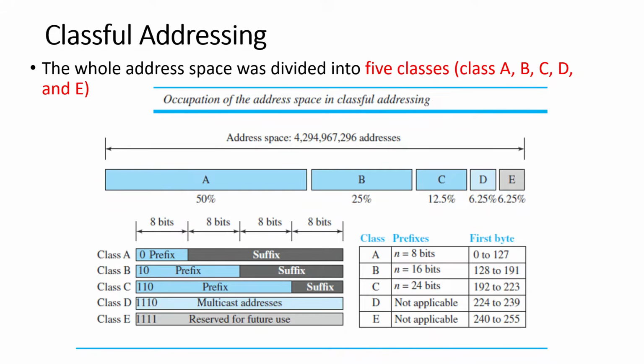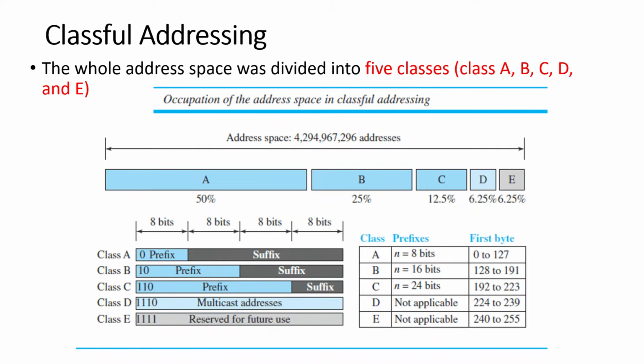Class A: its prefix is n bits, and the first byte starts from 0 to 127. The first 8 bits are used to represent the prefix, the network ID, and the remaining 24 bits are used to represent the suffix, the host ID.